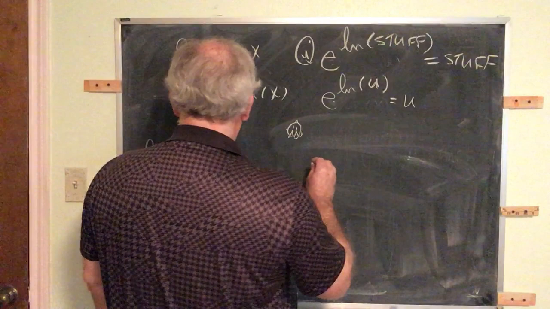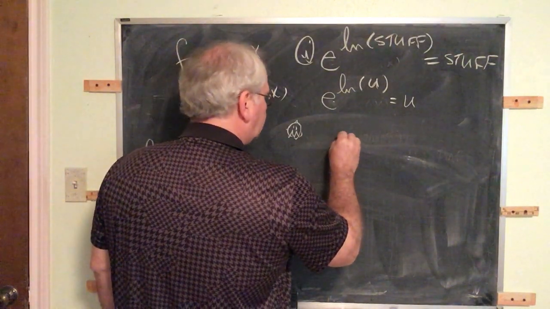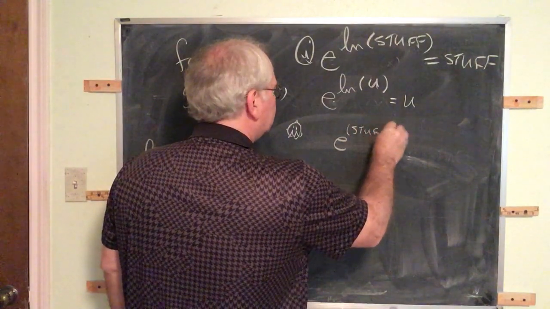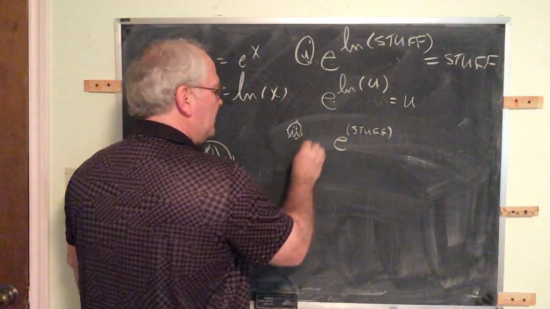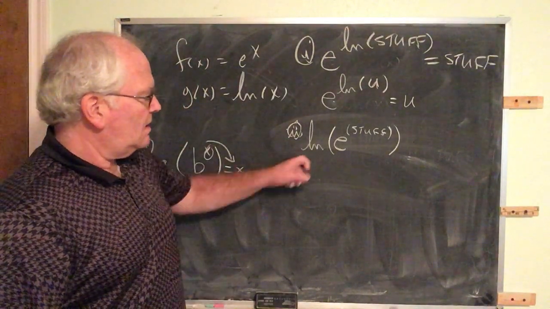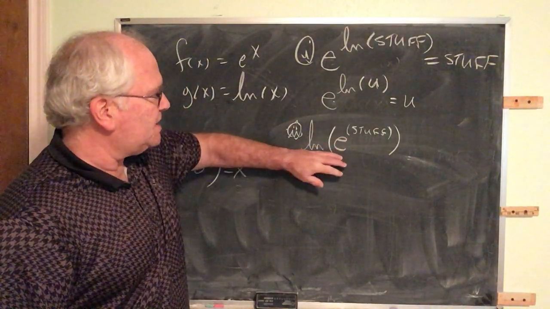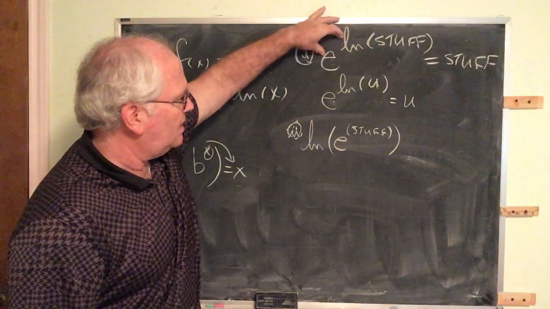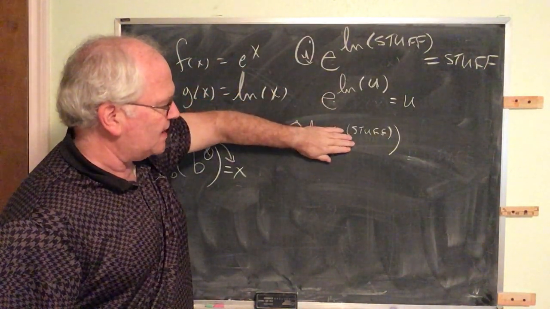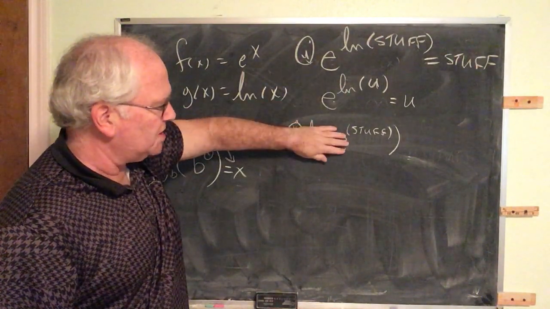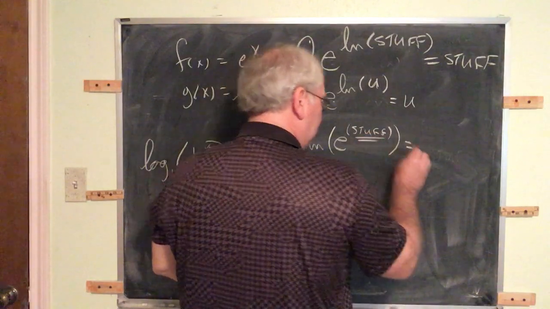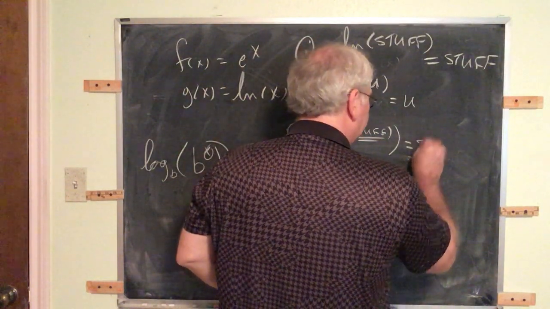Similarly, if we have e raised to the power of some stuff, but then take the natural log of that, natural log and exponential are applied in sequence. It is as if they cancel. They're inverse functions. And what we're left with in this case is this very appropriately designated stuff.